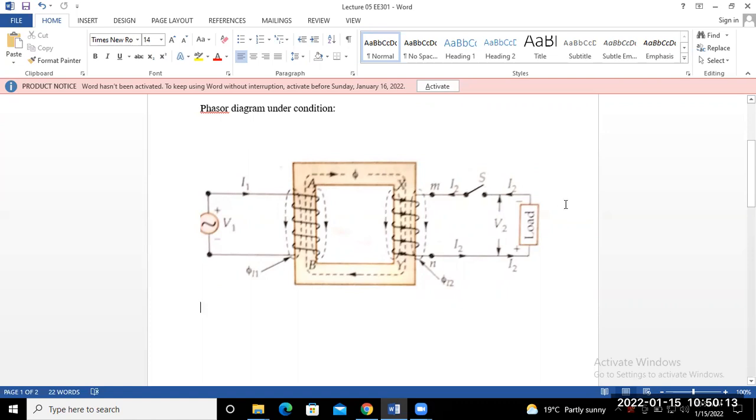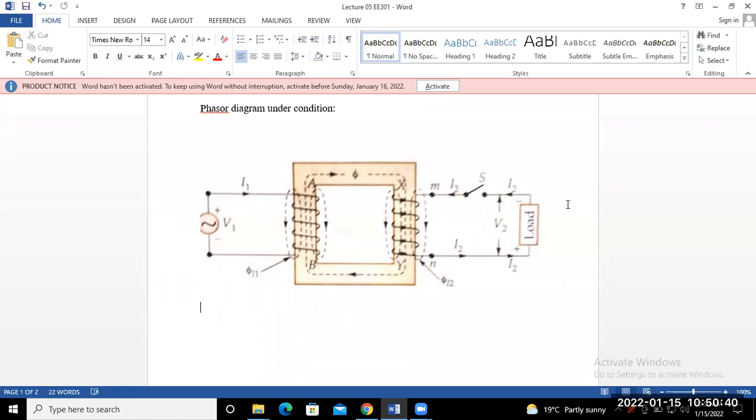Now we can draw the phasor diagram for the actual transformer. Can you observe any basic difference between the no load and load condition of the transformer? You have to consider all the components that you neglected in the ideal transformer at the no load condition.